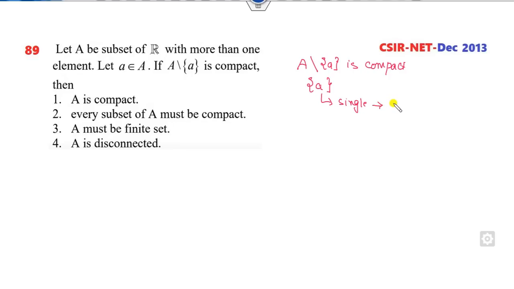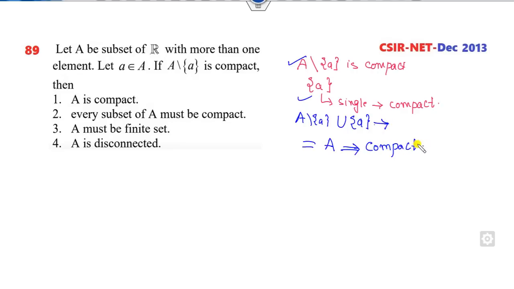Every singleton set is closed as well as bounded, so it is compact. So this is compact, this is compact. If I take the union of this, what will happen? This is my A. So this is compact, it means A is compact. Fine. So the first option is the correct option.